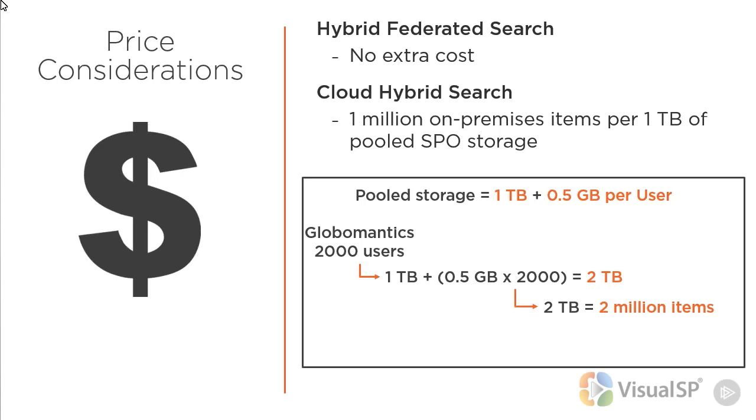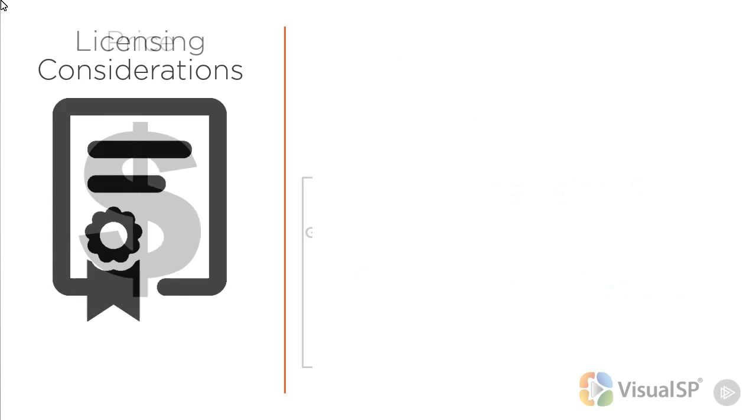However, this limit is only for on-prem items that you send to online. For all the items in SharePoint Online, there's no limit. There's no index limit on the stuff in SharePoint Online. The only limit is for stuff from on-prem that you push to the SharePoint Online index.